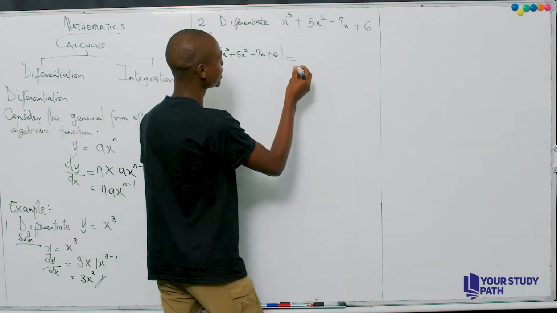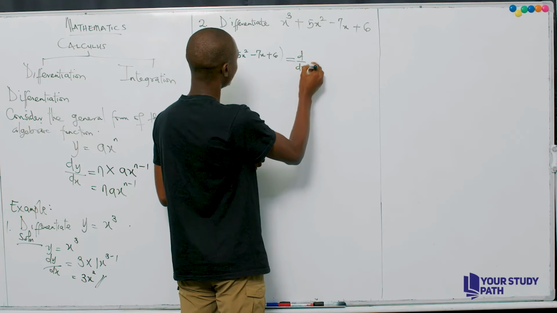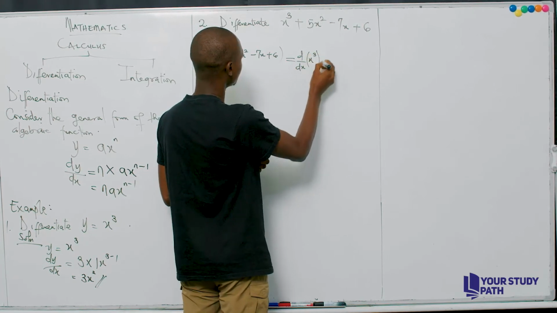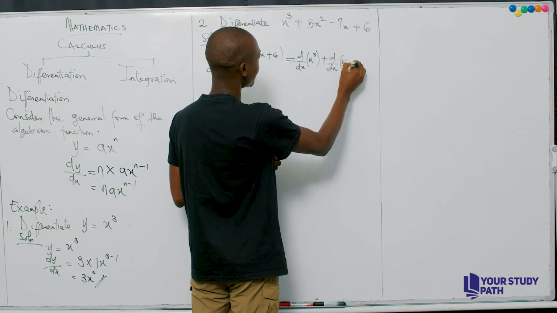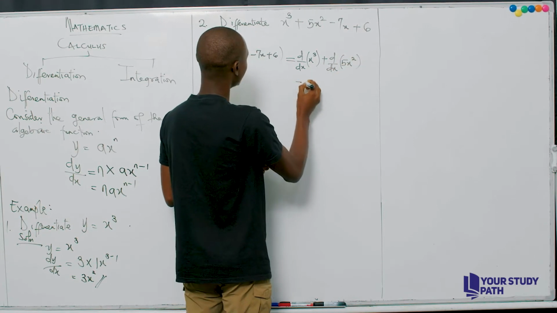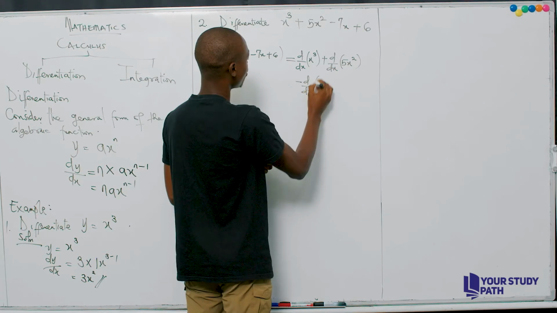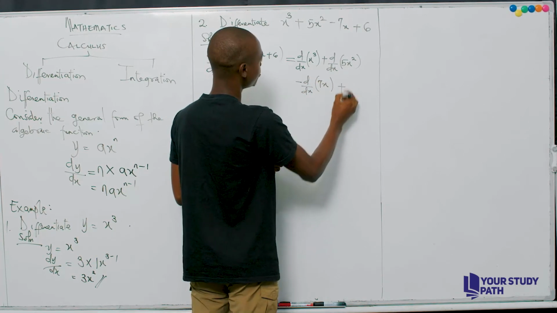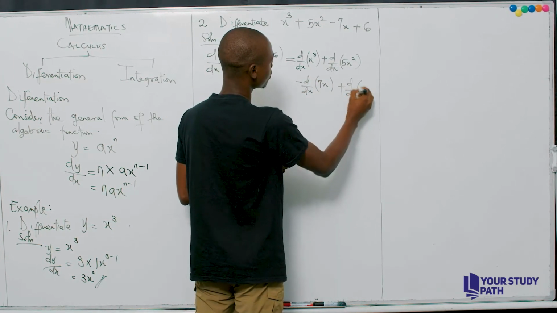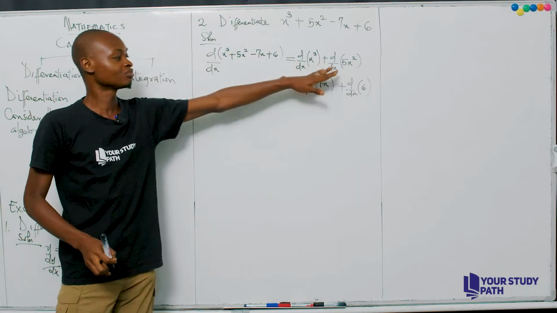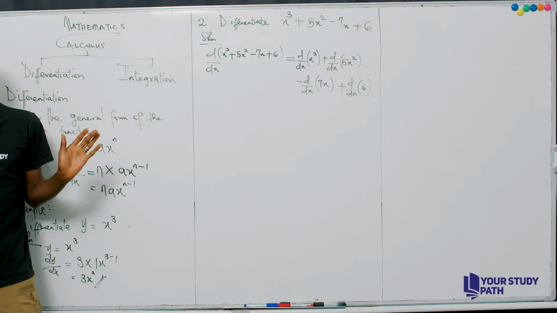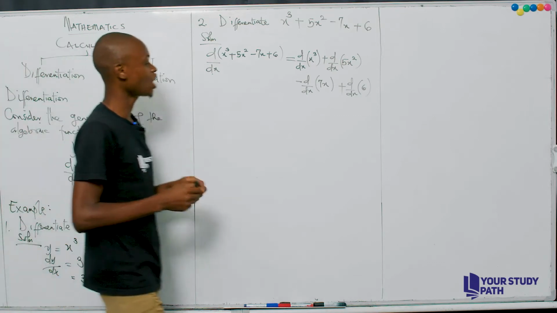I am saying I can write this as d dx of x cubed plus d dx of 5x squared minus d dx of 7x plus d dx of 6, which means differentiate each of them with respect to x. Simple and straightforward. Now, how do we do this?